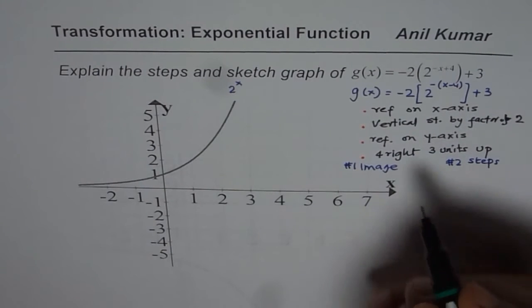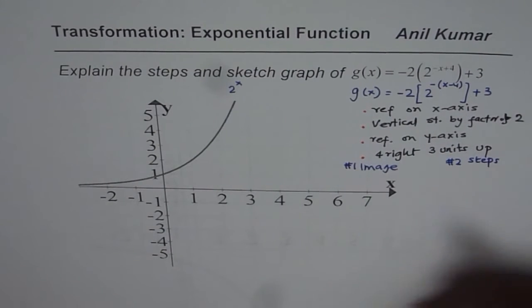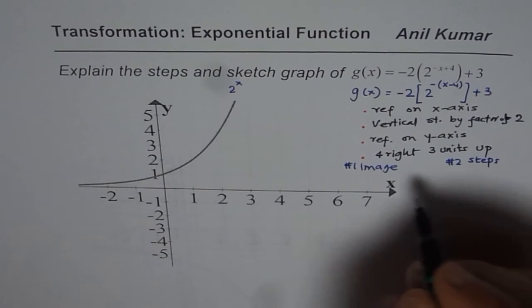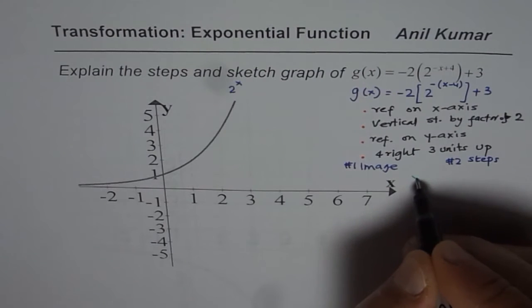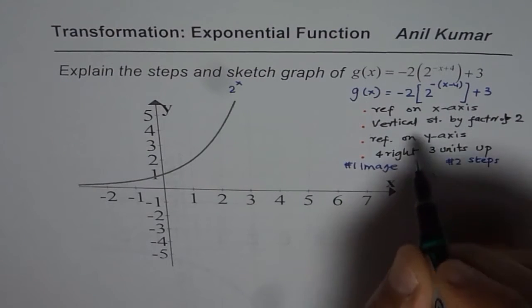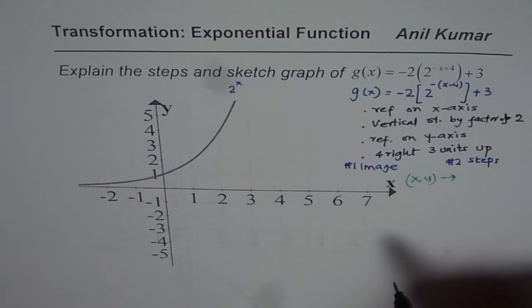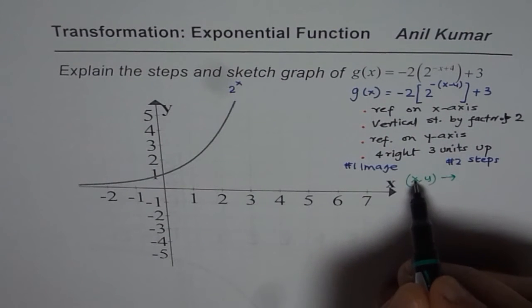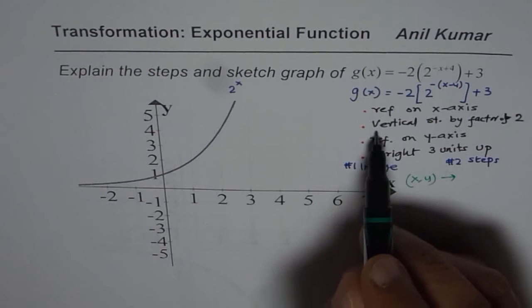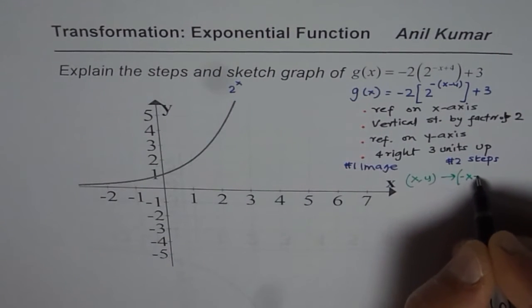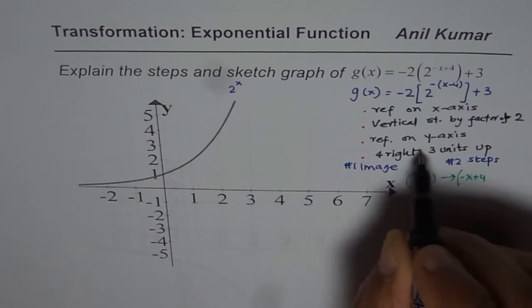Now in image points, what's happening here is that if I have x, y, let me write down image points here. If I have x and y coordinates on the function, then because of the transformation, the x values will be negative, and then you have to add 4. So it will be minus x plus 4, moving 4 units right.